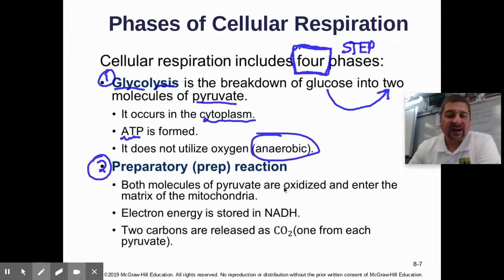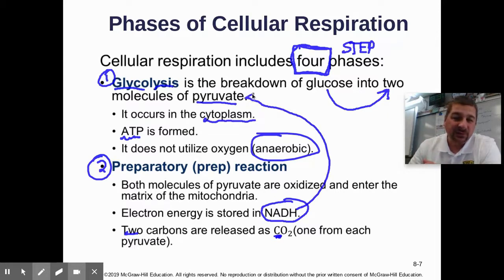Those pyruvates are oxidized and enter the matrix. You're going to give off some NADH, and you're going to break off 2 carbons, 1 from each of the pyruvates. So you're going to break off a carbon off of each of these pyruvates up here. Sorry, carbon dioxide.